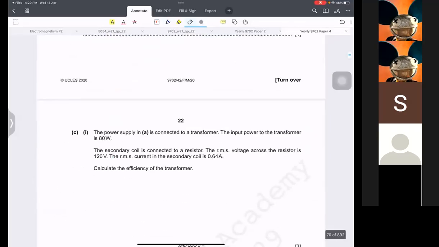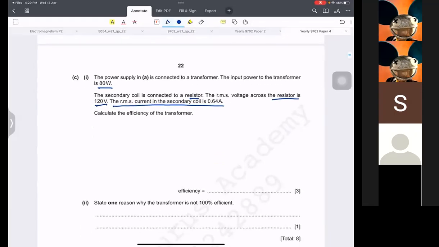All right. So the power supply is connected to a transformer. The input power of the transformer is 80 watt. The secondary coil is connected to a resistor. The RMS voltage across the resistor is 120. The RMS current is this. Okay. What is the efficiency?